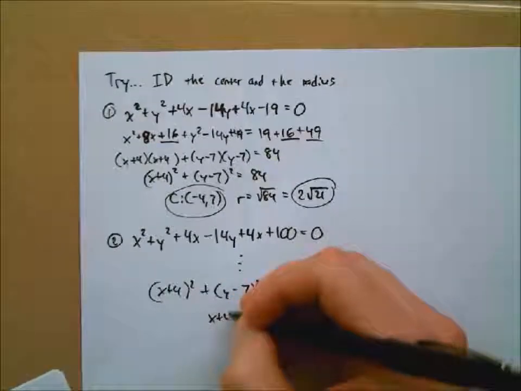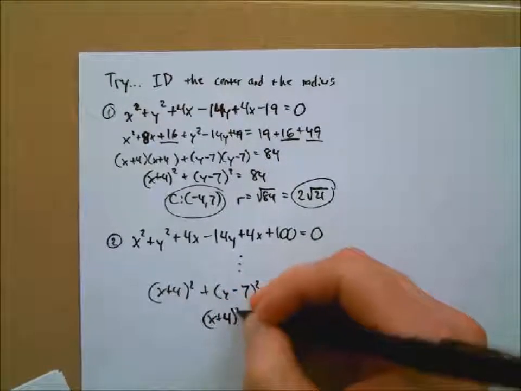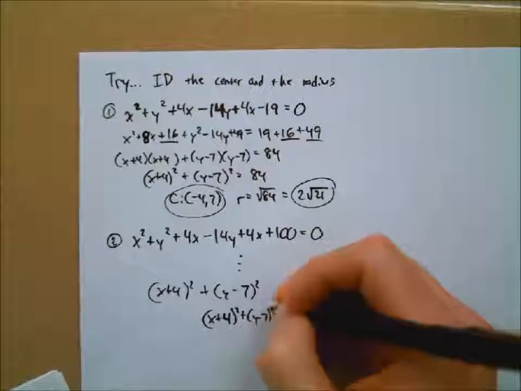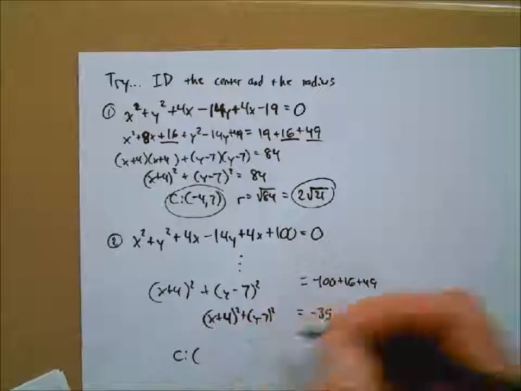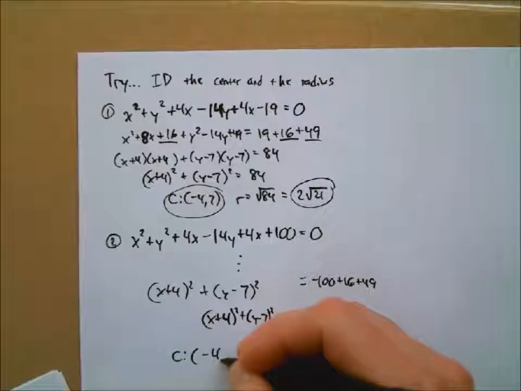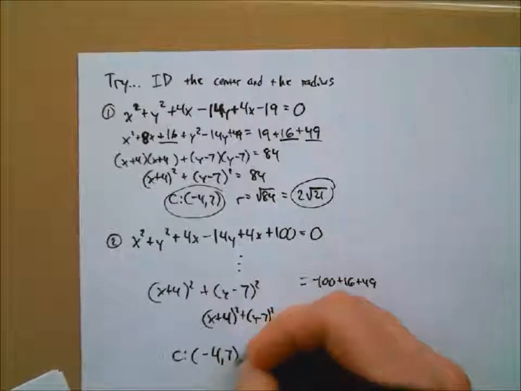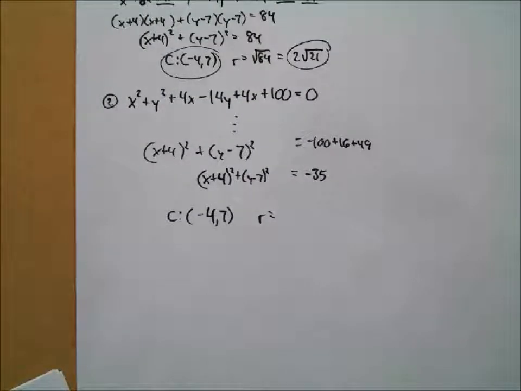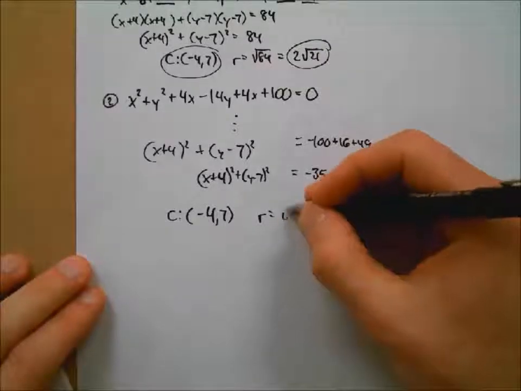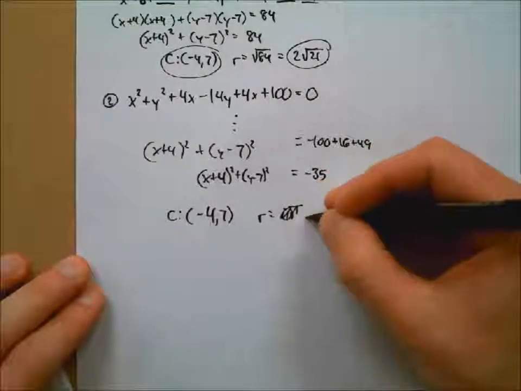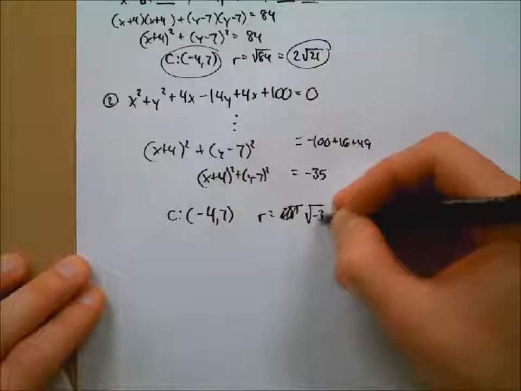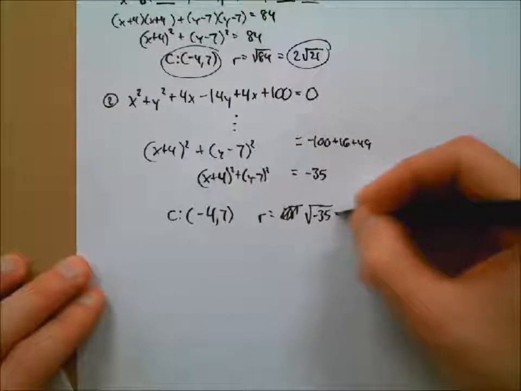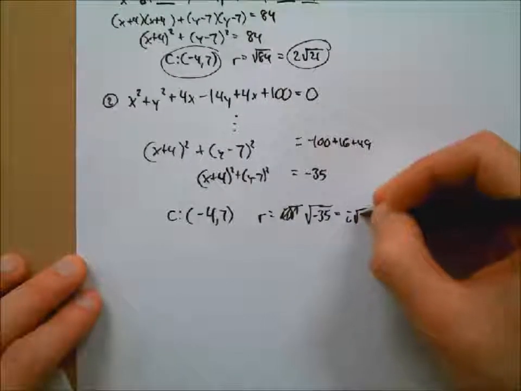Okay. So the center of the circle, negative 4, 7 again. The radius of the circle is, off the screen. Okay, right. So we end up with something imaginary. Let me do it more simply here. We'll just leave it as square root of negative 35, which we could simplify to i root 35.